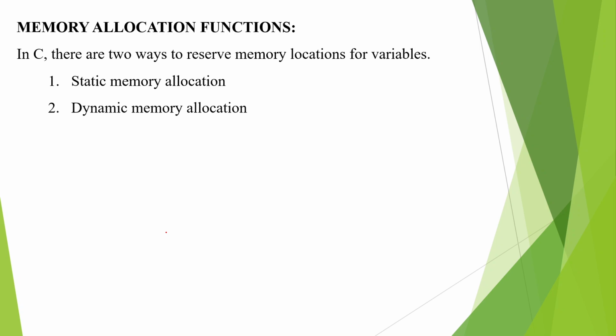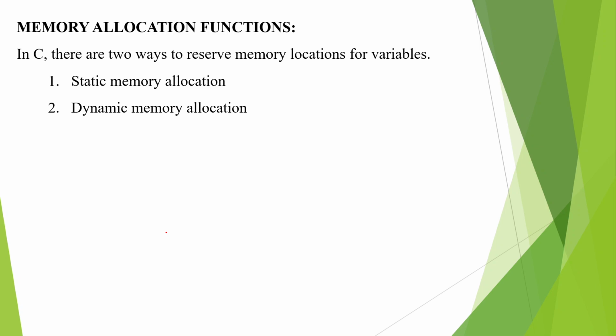In C language, this memory allocation has two different types: static memory allocation and dynamic memory allocation. When we execute a program, there are two phases.